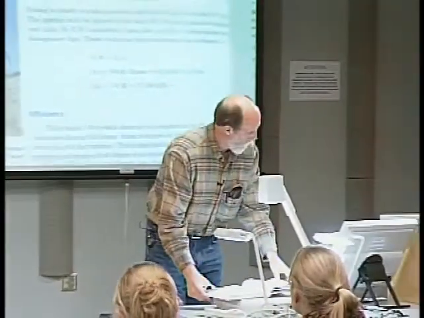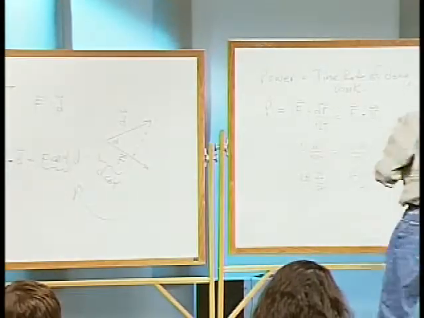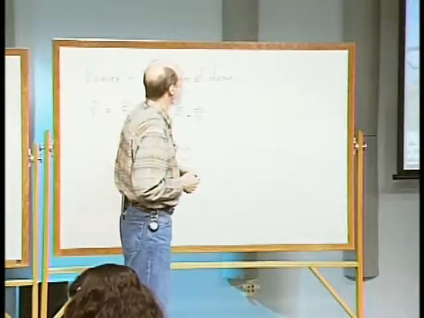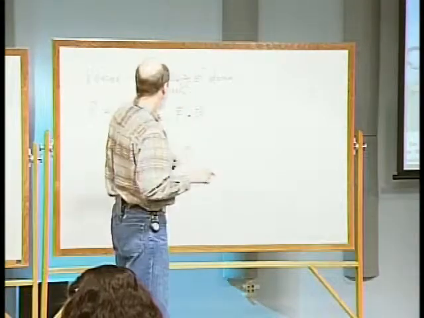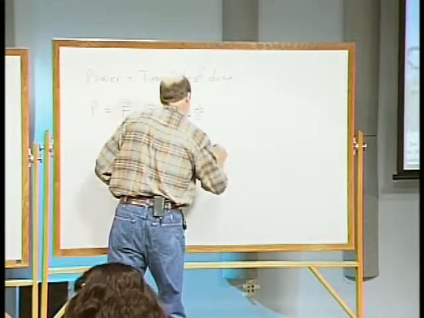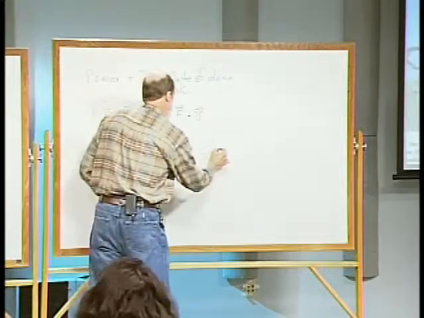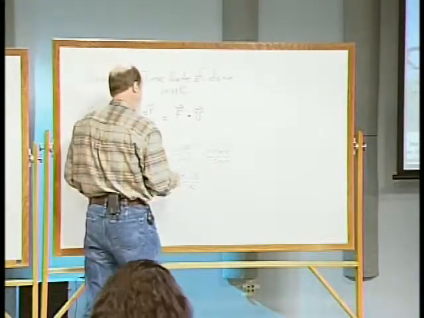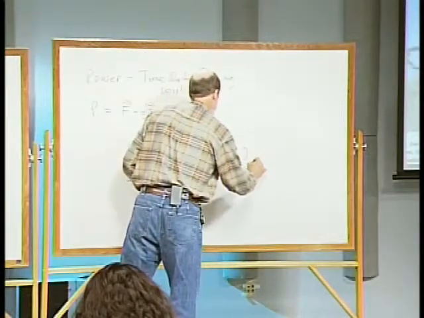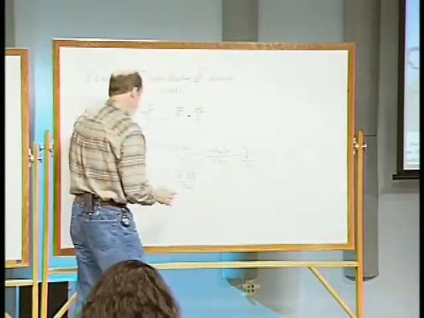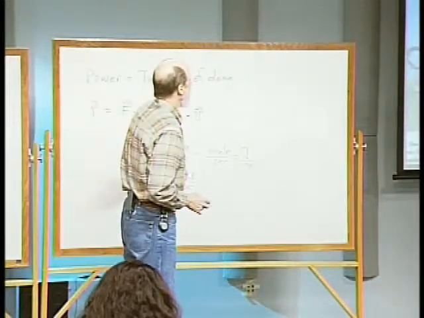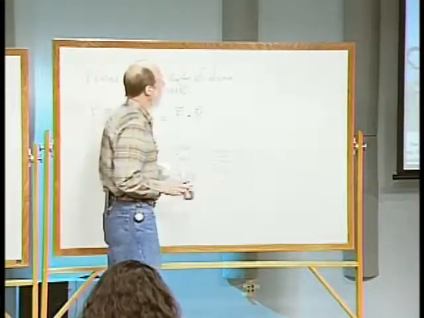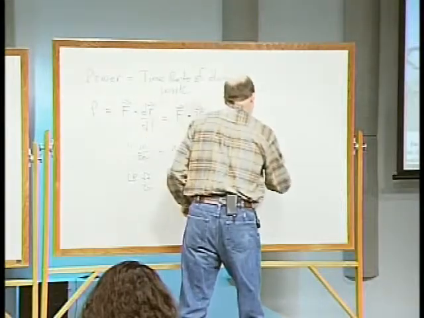And our book does a nice job of laying this out for us right here on the same page. A newton meter is a joule of energy. So the power is a joule per second, abbreviated capital J per second. Or we have foot-pounds per second. Now a joule per second is defined as being 1 watt.